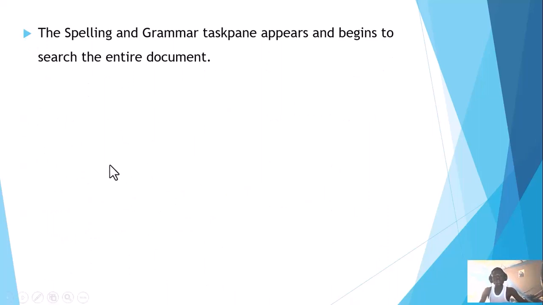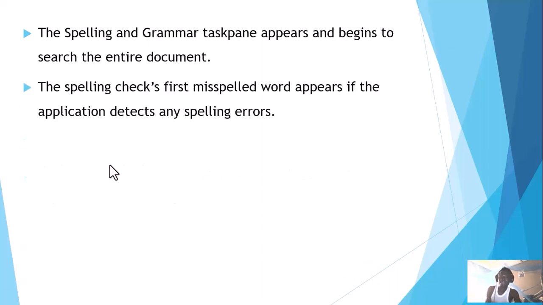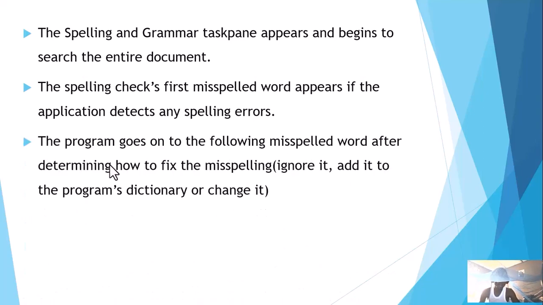When you select Spelling and Grammar, the Spelling and Grammar task pane will appear on your right. It first checks the spelling errors in the document, and after that it will try to detect some grammatical errors.